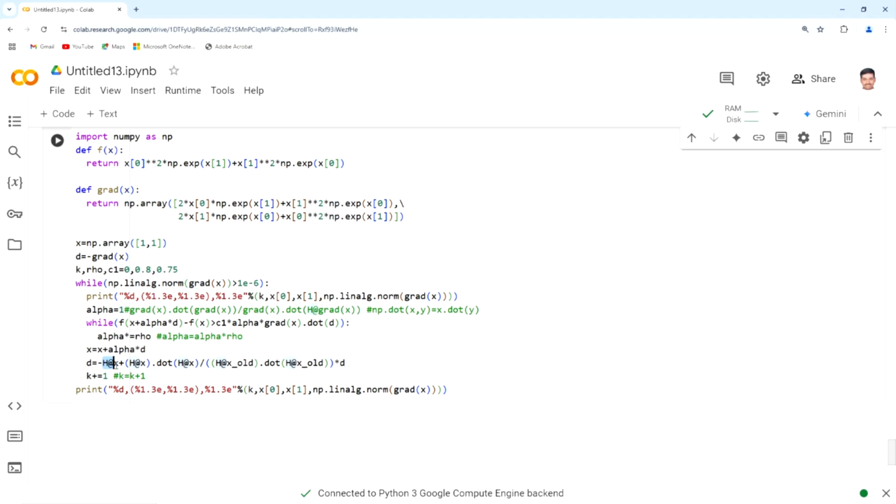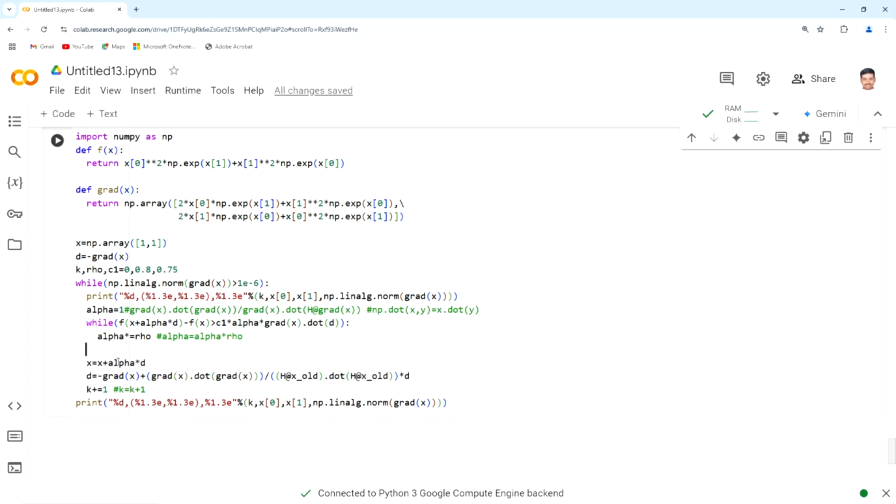So, these are going to be grad of x minus grad of x plus grad of x dot grad of x, of course, that is g k transpose g k, sorry, g k plus 1 transpose g k plus 1, and here it will be okay. So, I have to do x old, which I forgot to do.